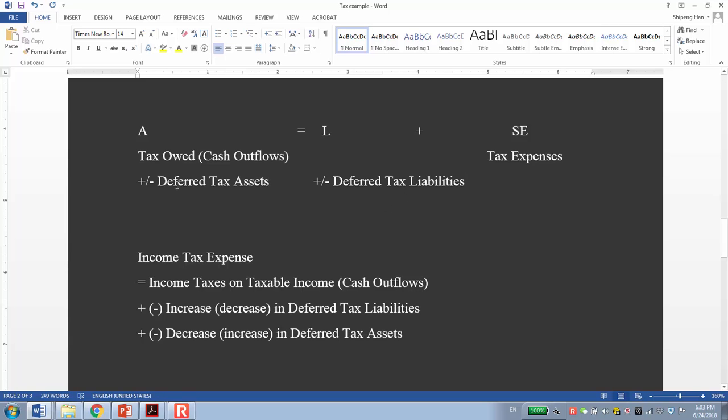Deferred tax assets is an asset account, so a temporary difference can increase or decrease this account. Deferred tax liabilities are also reported in the liabilities, so some other temporary difference will affect this account.